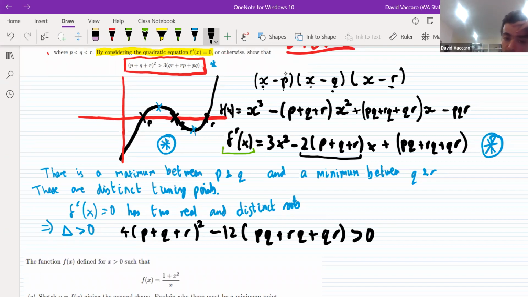And now we don't need to do any more work. Dividing by 4 gives the result.